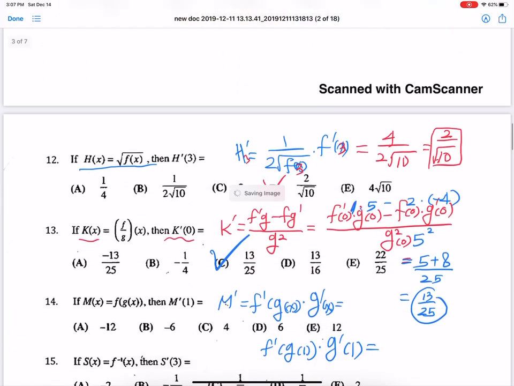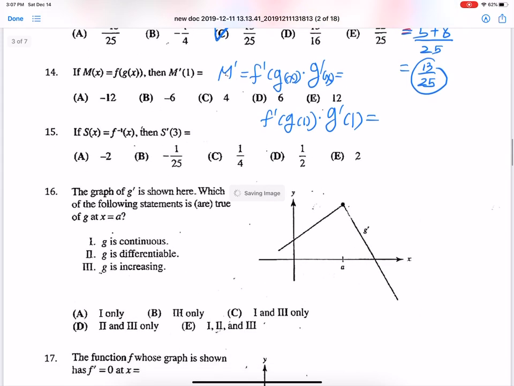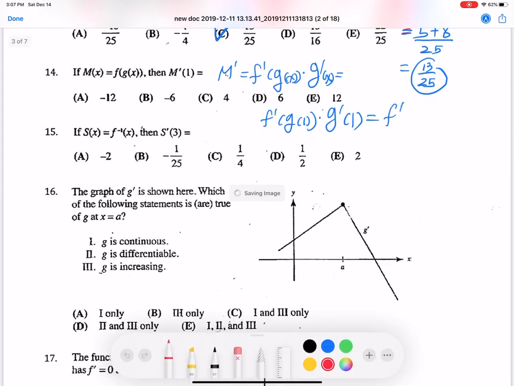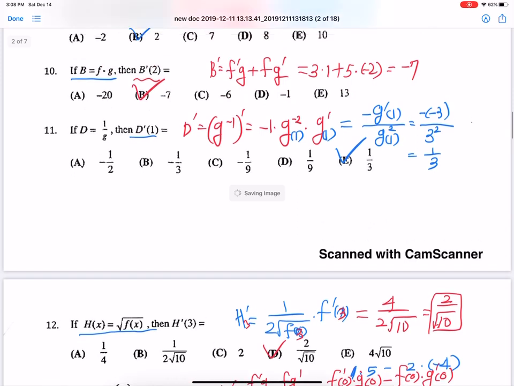So it's f prime of 3 times negative 3. Then we need f prime of 3.